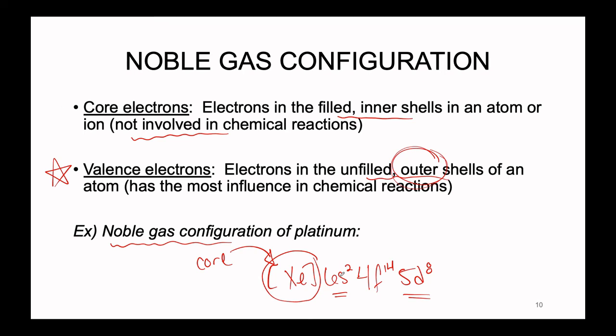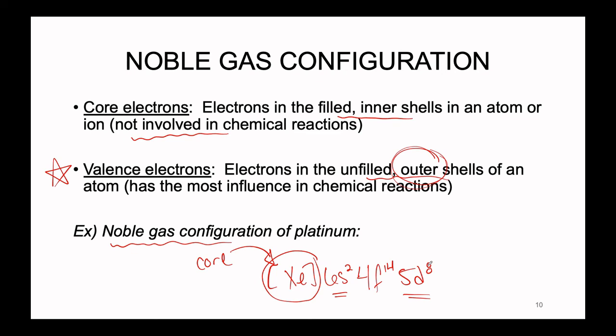There are a couple of different ways that we can think about this, right? In parallel to day 1 or day 2, when we were talking about classifying matter and how some pieces of matter, depending on how you define them, could have different classifications, the same kind of thing can happen here. Each of these sets of electrons, the 6s2, the 4f14, and the 5d8, all give platinum its unique characteristics.